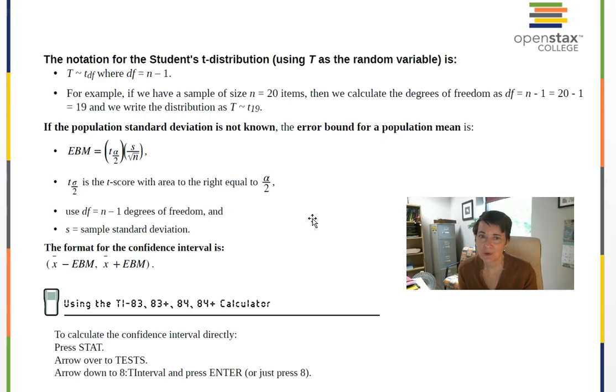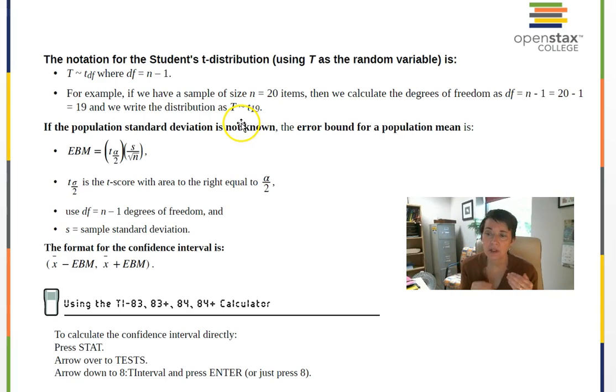So when we use a t-score, we're going to talk about t is the random variable. If we have a sample size n equals 20 items, then we calculate the degrees of freedom. It is just n minus 1. It would be 19. We would write the distribution then as T equals T19, 19 degrees of freedom.